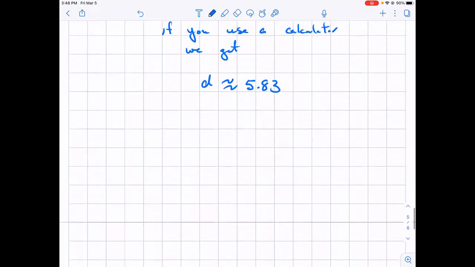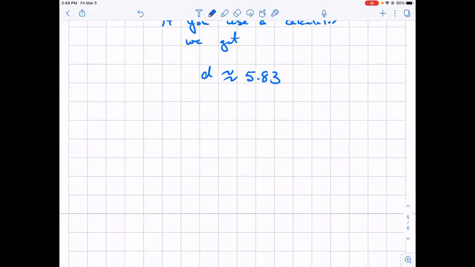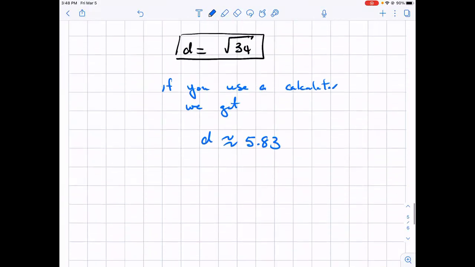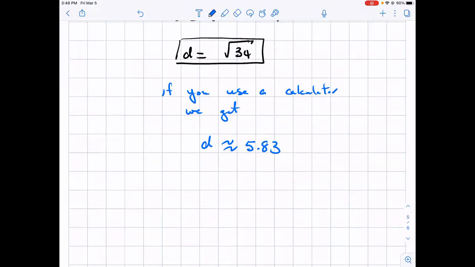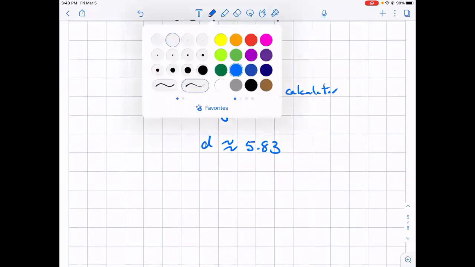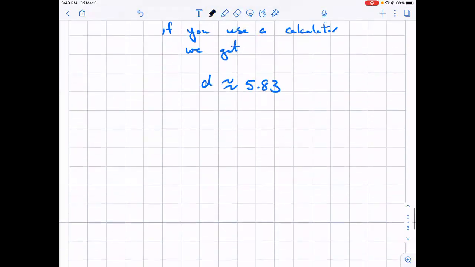Now, what we want to do is, how do we use this distance formula to confirm things? So suppose I give you this example here.